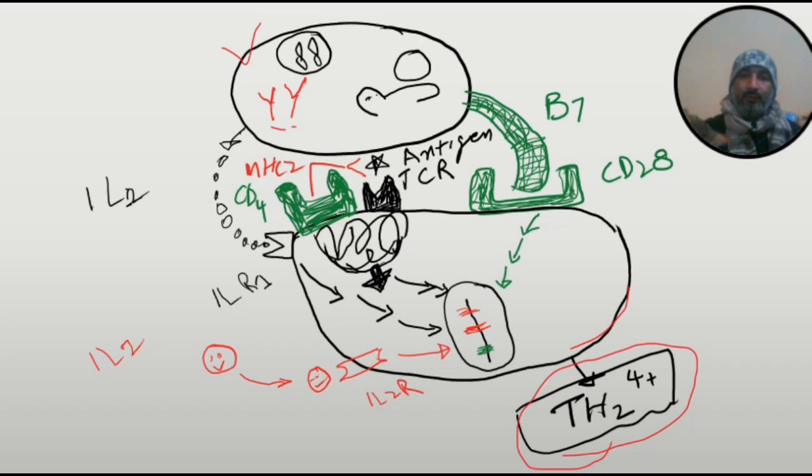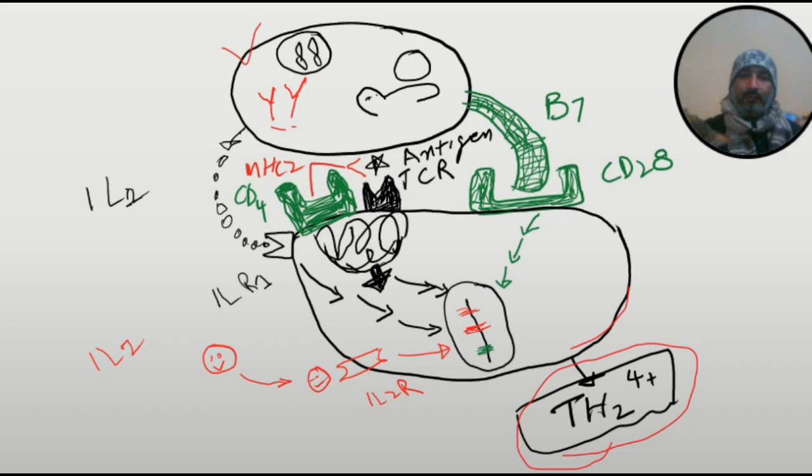What is the autocrine pathway? I just move to the previous diagram: autocrine means one product produced by the same cell and acting on the same cell. For example, this is IL-2 produced by the T lymphocyte, and that will act on the same T lymphocyte. That is called autocrine.